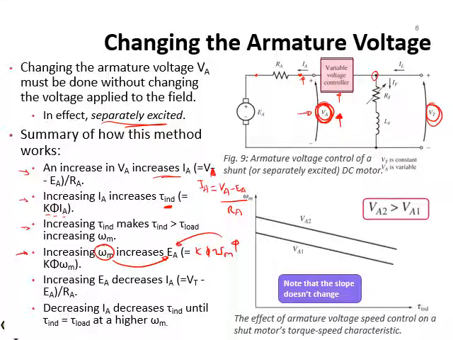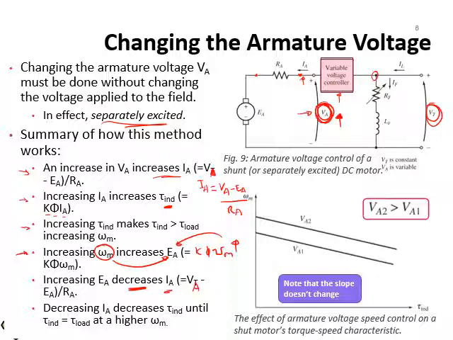The increase in EA, or the internal generated voltage, will cause a decrease now, a decrease in IA. Again, the equation is the same as we've seen before, that IA equals, again, this is supposed to be VA rather than VT, minus EA divided by RA.